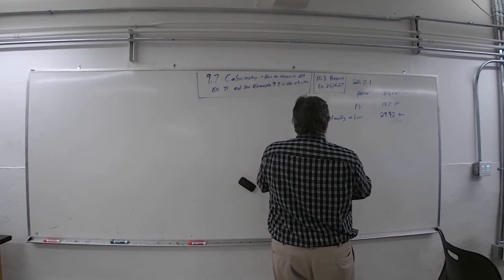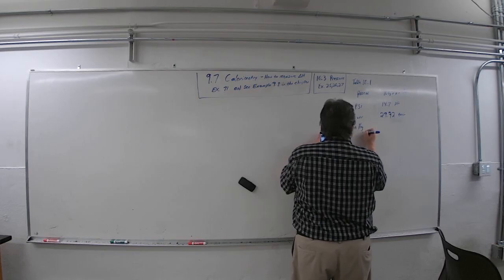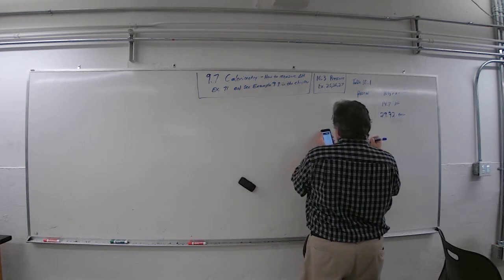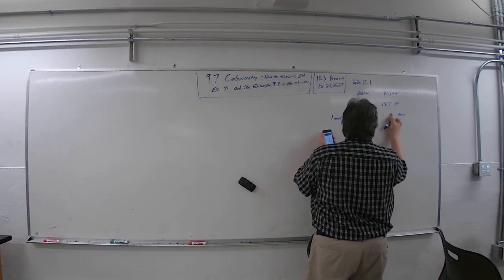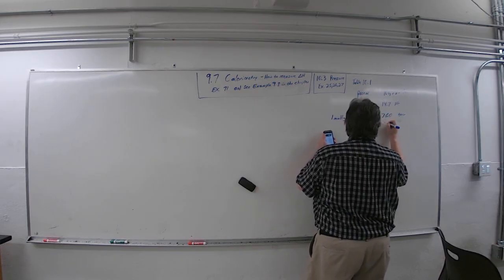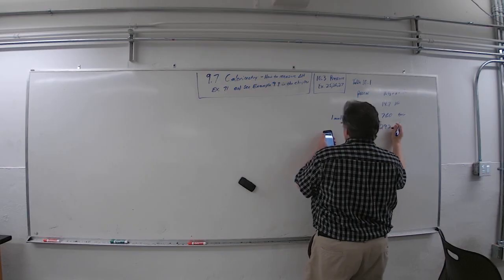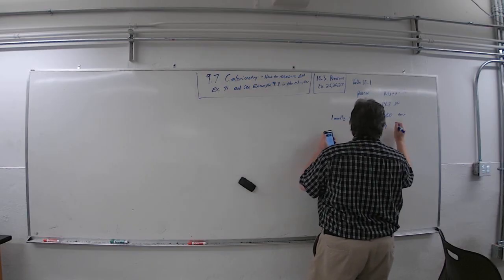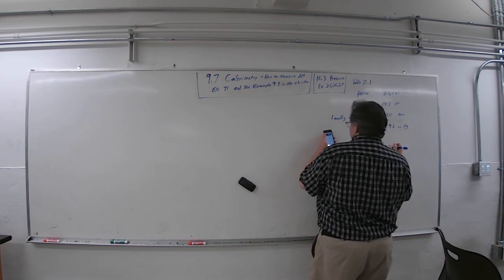Okay, and people still use inches of mercury. So inHg is inches of mercury. Torr was 760. 29.92 inches of Hg.